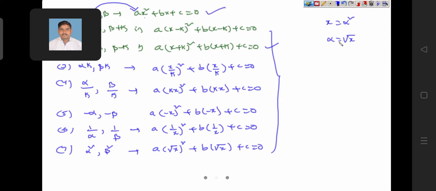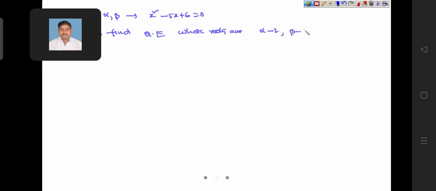Okay, suppose we'll take one example. Here, see, alpha comma beta are roots of x square minus 5x plus 6 is equal to 0. Then find the quadratic equation whose roots are alpha minus 2 and beta minus 2.